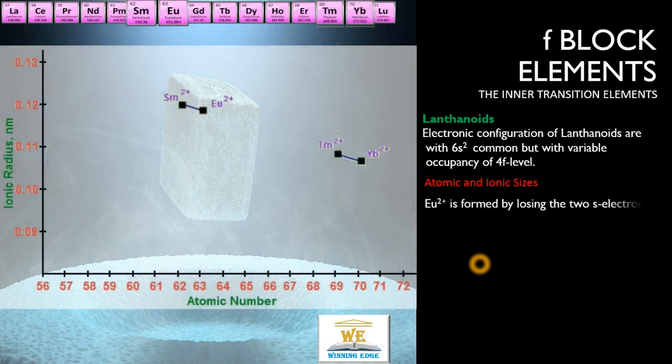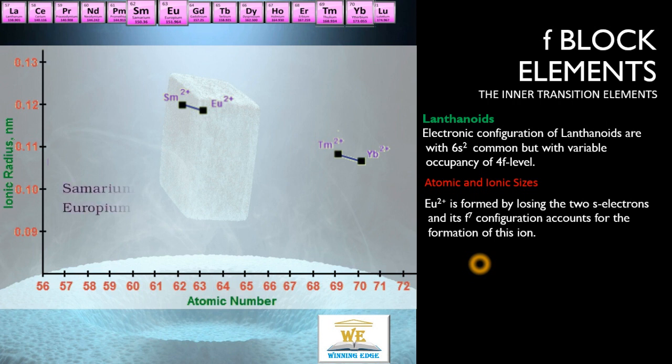Now 2 positive oxidation states. Let's see. Europium 2 positive is formed by losing 2 s electrons, and we have half-filled f7 configuration with the formation of europium 2 positive. This half-filled electronic configuration that provides the extra stability is the reason that stable europium 2 positive oxidation state does exist.